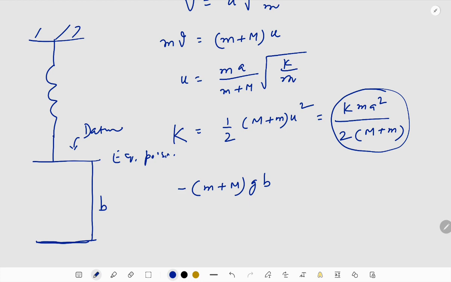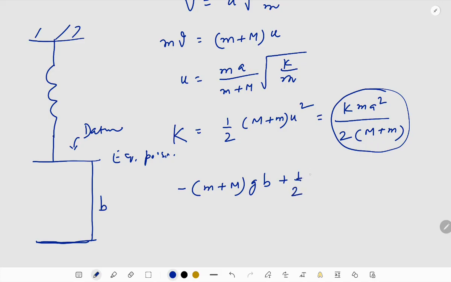This is the extreme position where the body has come to rest. So for the potential energy, I would like to write final potential energy minus initial potential energy, that was elastic potential energy.